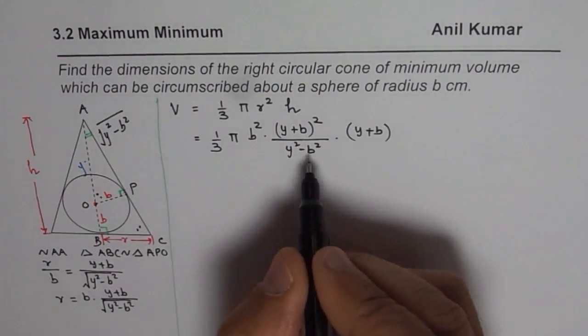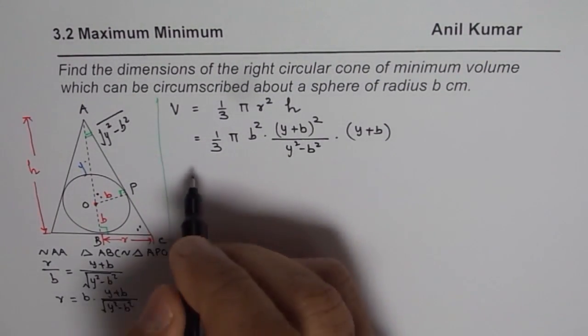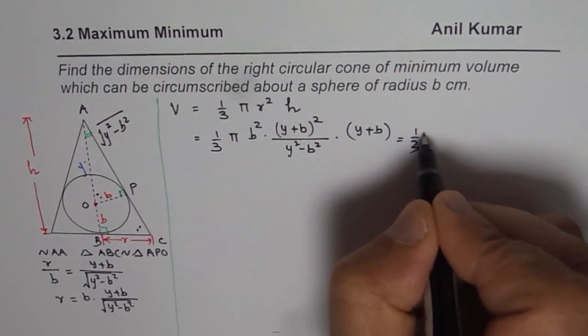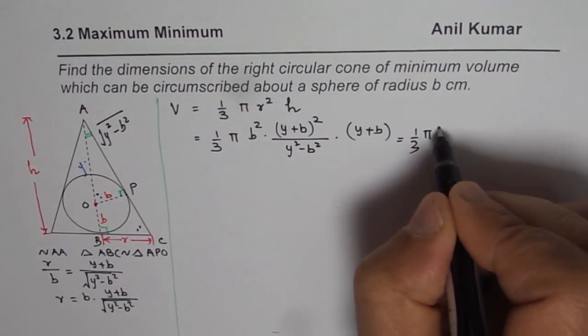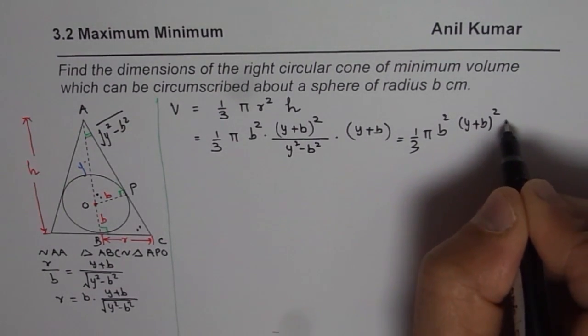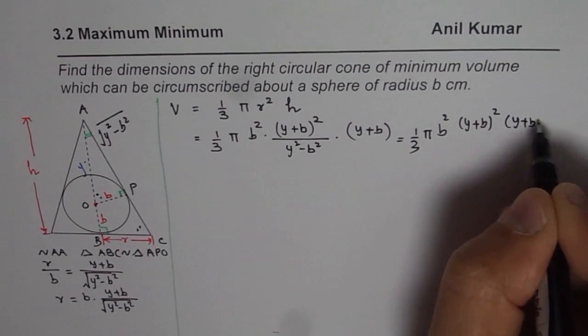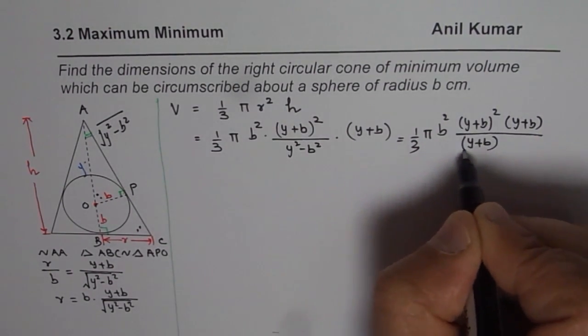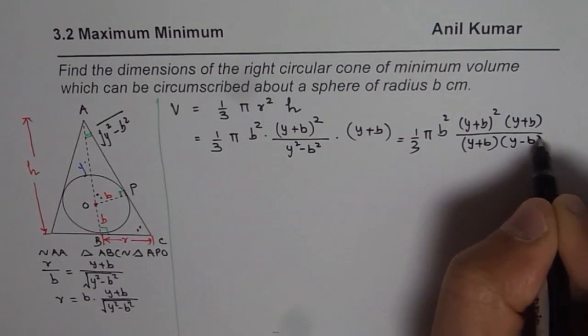So we can simplify this since this is a difference of squares. So let me continue here to simplify this a bit. 1 over 3 pi b square, y plus b whole square times y plus b in the numerator. The denominator is y plus b times y minus b, right?